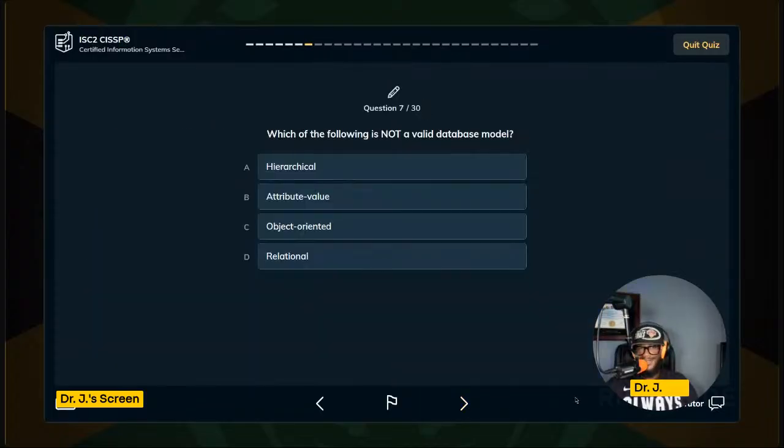All right, which of the following is not a valid database model? So you have relational, hierarchical. So you take out Alpha and Delta. Attribute value. So I know, yeah, hierarchical, relational. I feel like it was compartmentalized, if I'm not mistaken.